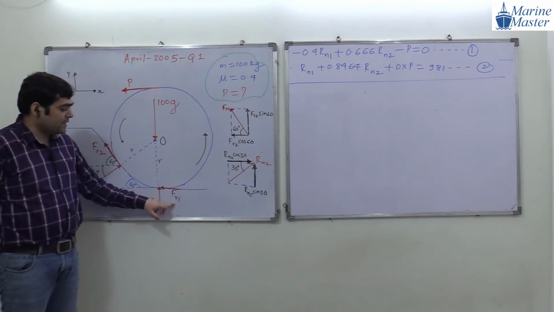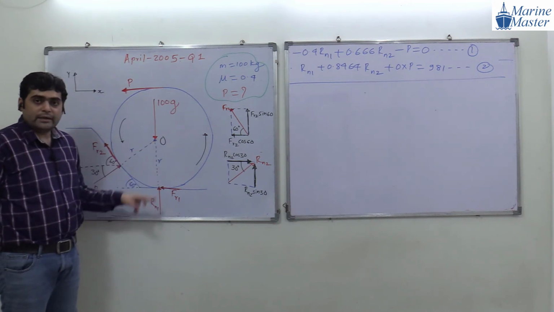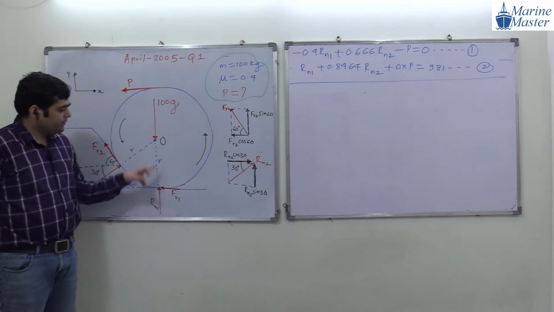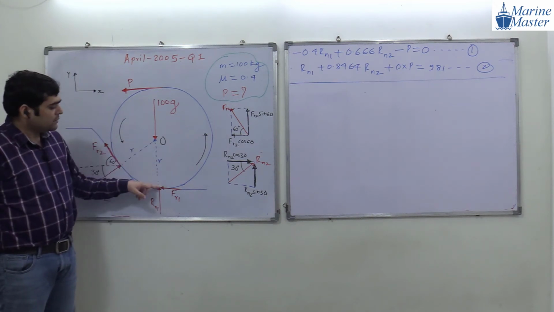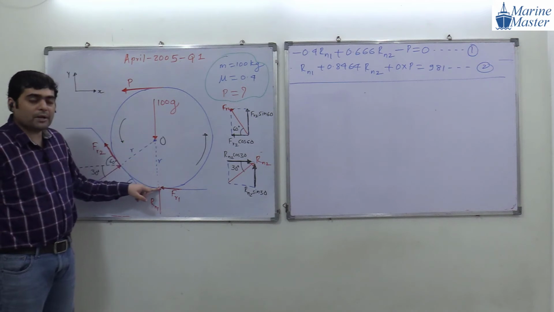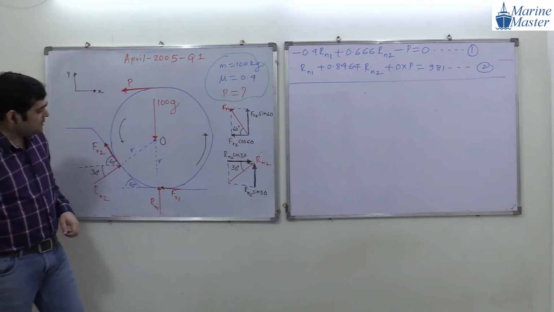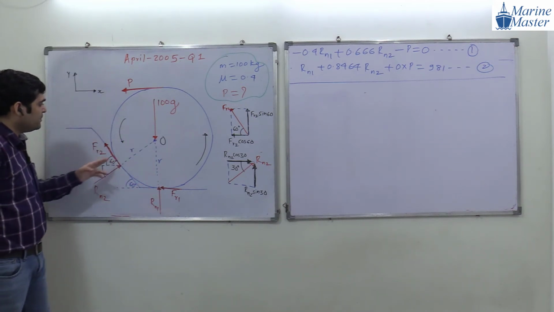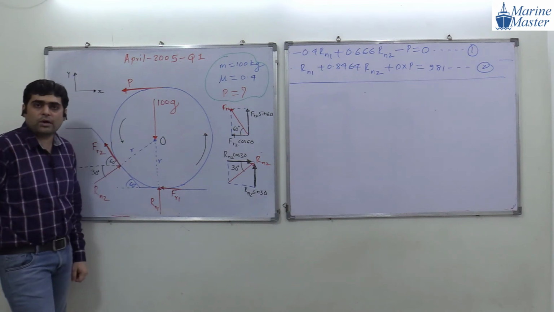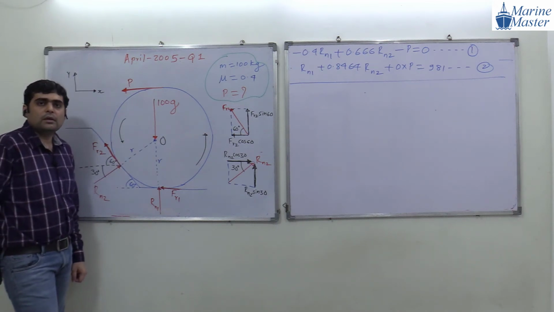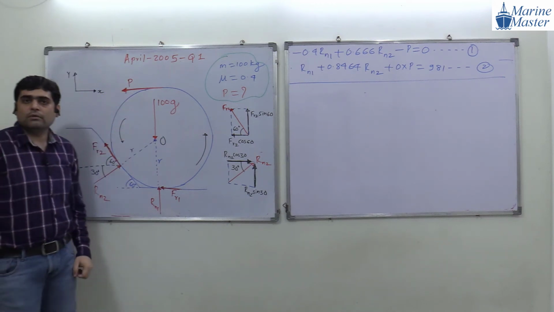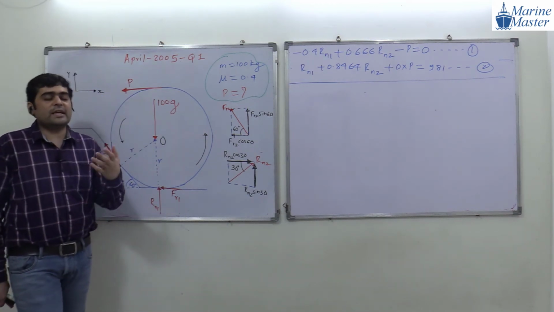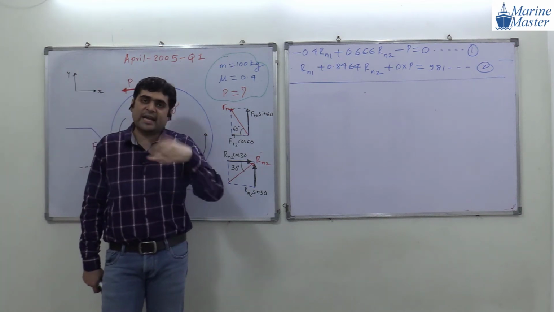It is not 0, it will be R. Then what about Fr2 and point O? The distance will be R. And the distance between point P and O? Again R. So here we are getting the perpendicular distance directly.